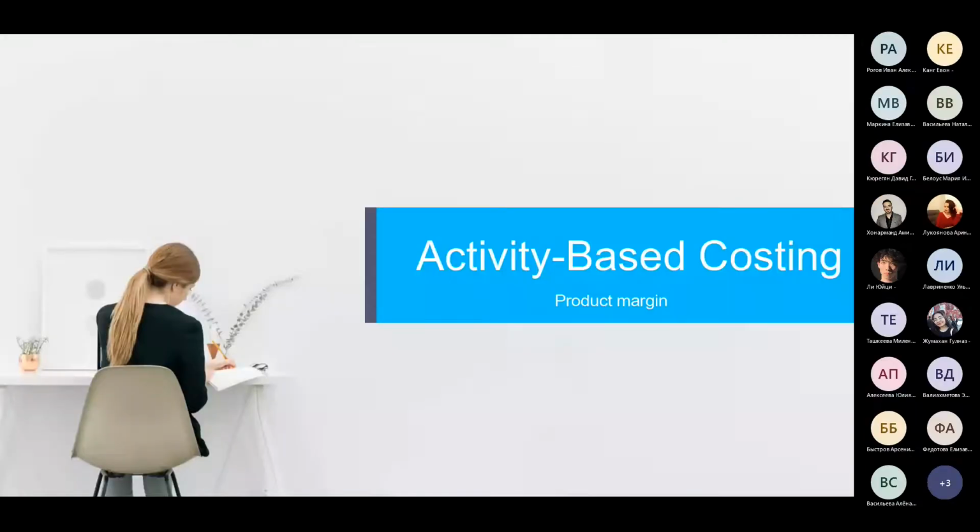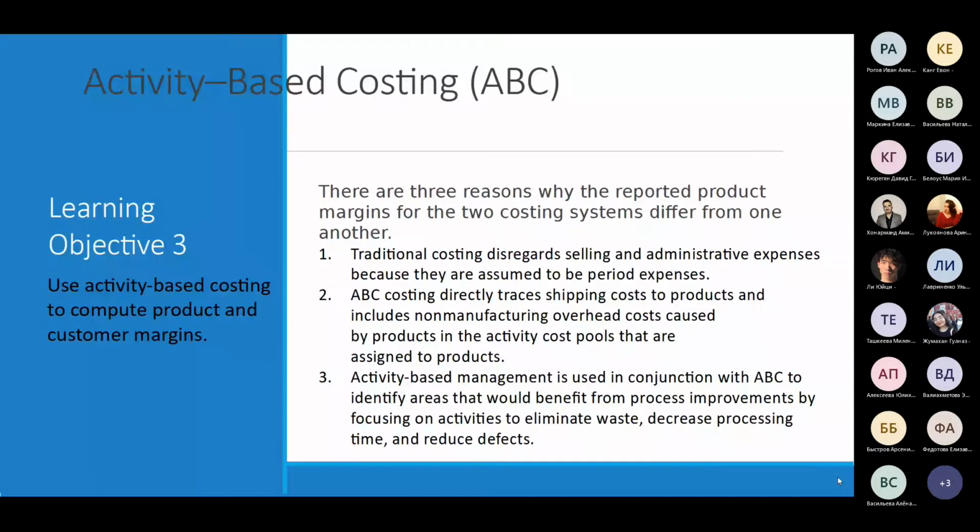So let's see. What is product margin and why do we calculate it? First of all, there are three basic reasons why the product margin for the two costing systems differ from one another. So why do we calculate the product margin and the customer margin?